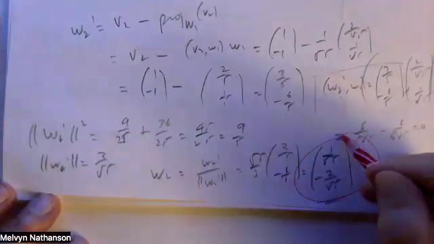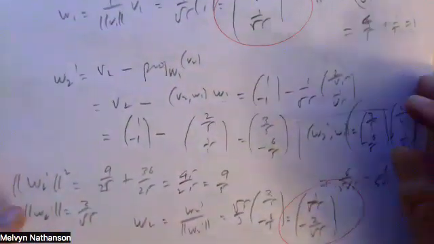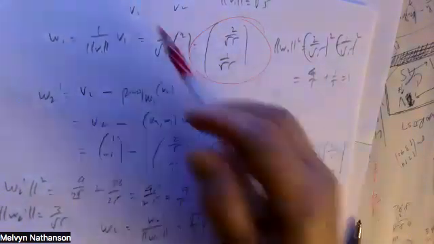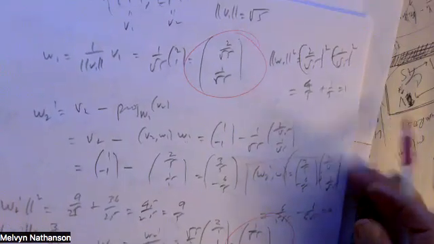So this vector and this vector are the orthonormal basis that I constructed from the original basis.